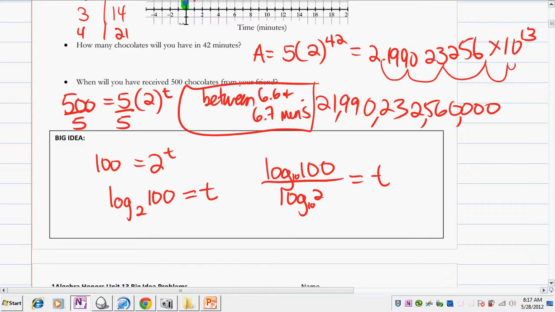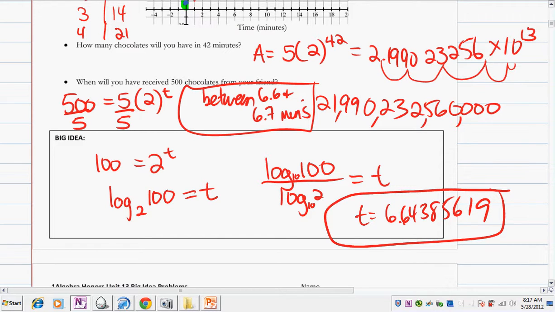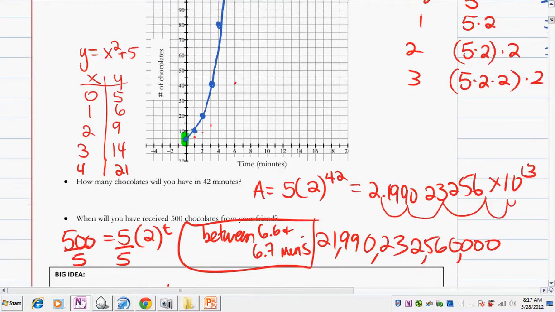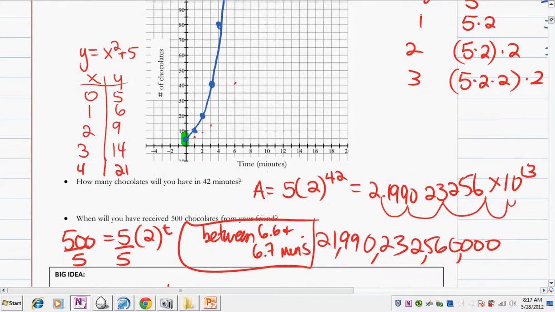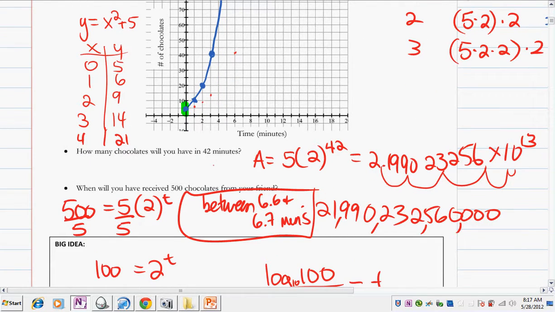So log of 100 divided by log of 2 tells me the time is equal to 6.64385619. So it was between 6.6 and 6.7, it was 6.64385619. So again, in this problem, we started to introduce the idea of exponential growth and be able to come up with equations based on a scenario and use that to abstract to find other amounts after certain minutes and possibly how to guess at certain minutes for certain amounts.